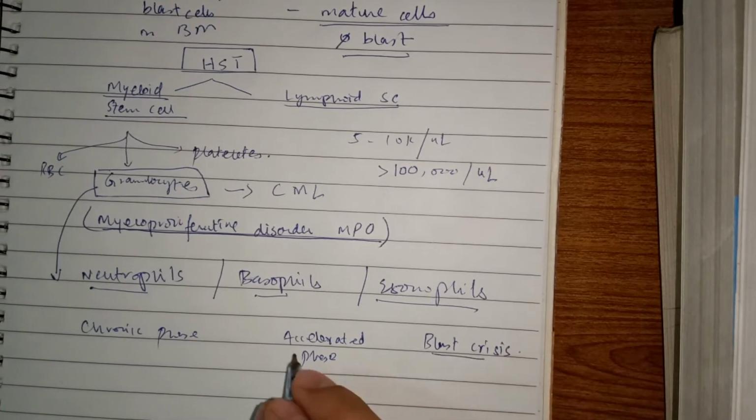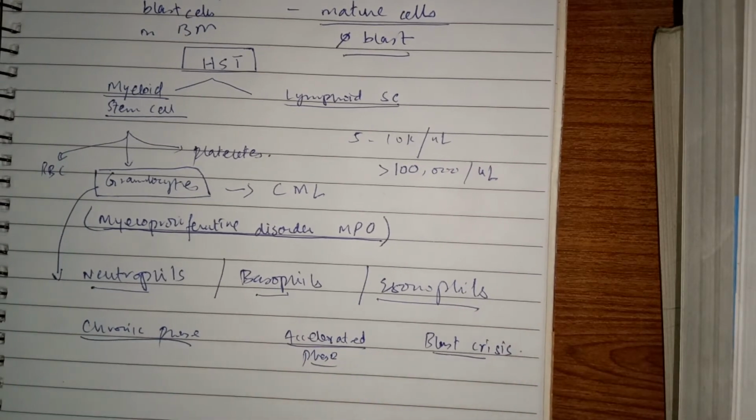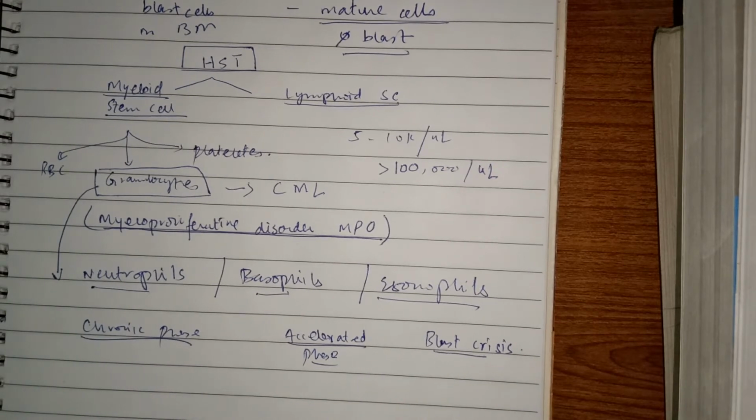Now what happens in chronic phase? In chronic phase, usually the patient is asymptomatic. Of course, we know there is leukocytosis when the patient does a blood test, CBC. Normally the patient may have fatigue, malaise, weight loss, and some of them can have splenomegaly.